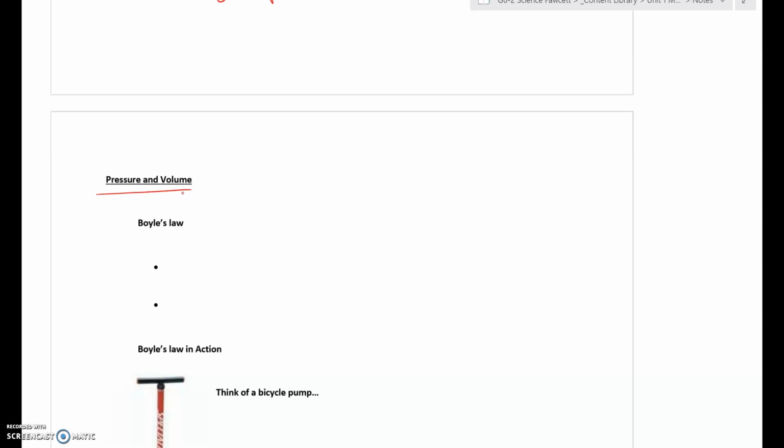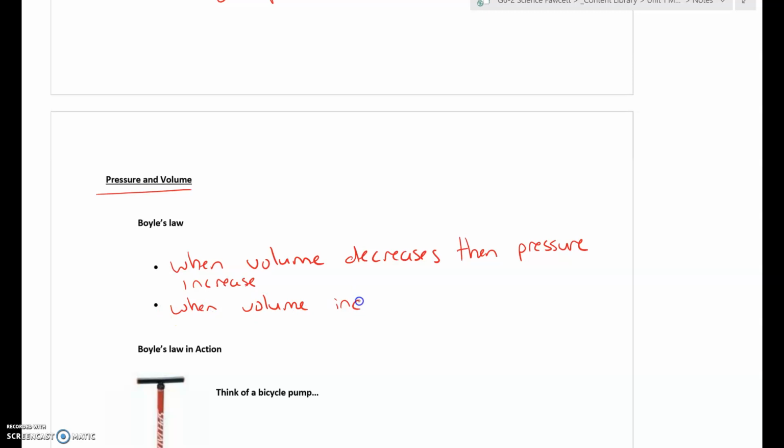Boyle's law says that when volume decreases, so if you have a gas and you compress it, then the pressure will increase, and vice versa. When volume increases, then pressure decreases.